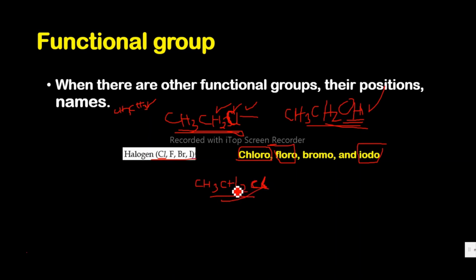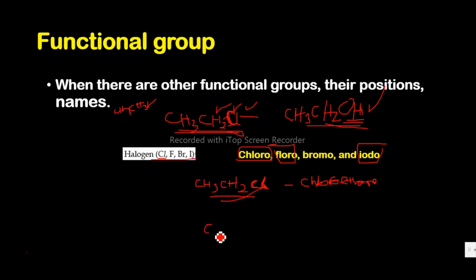So now this one, it is named as chloroethane. It is one word, not two words. Don't separate the words. Why ethane? Because it has two carbon atoms. And why chloro? Because it has a chlorine atom.